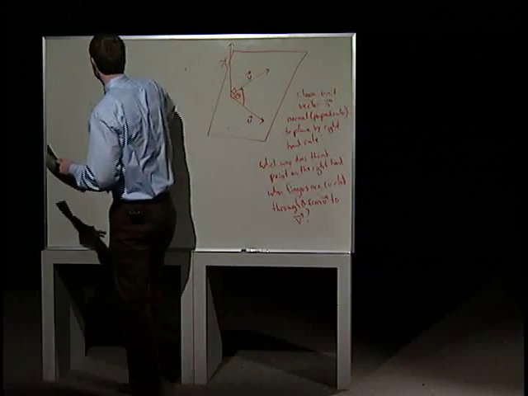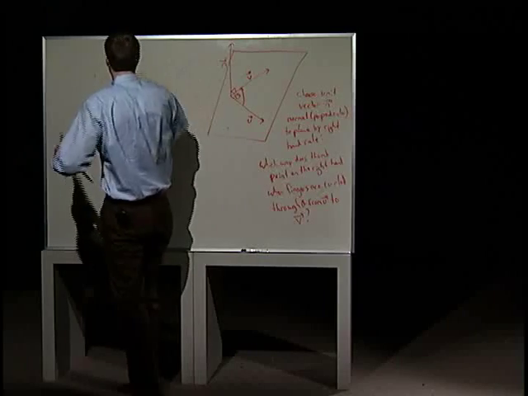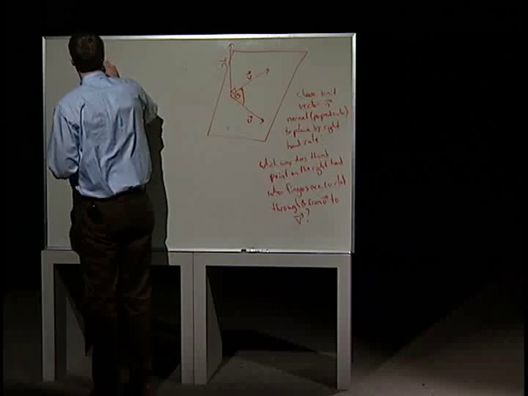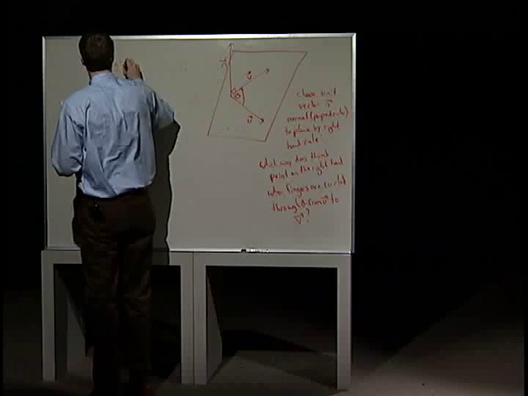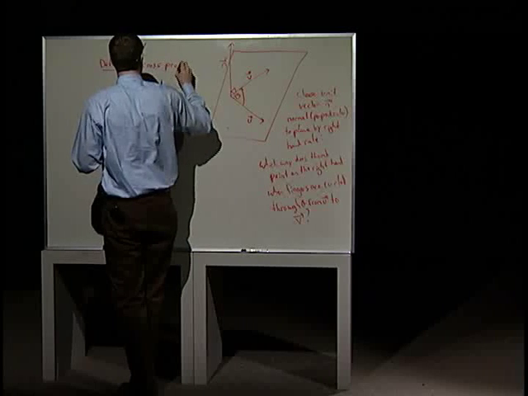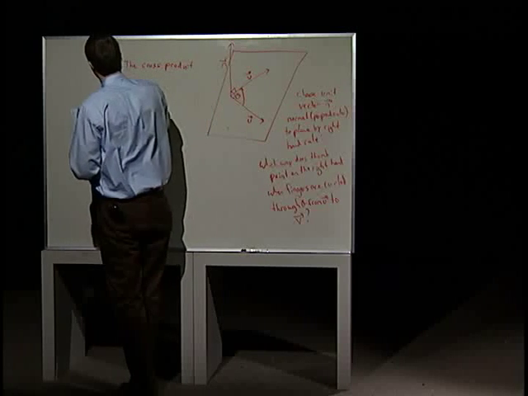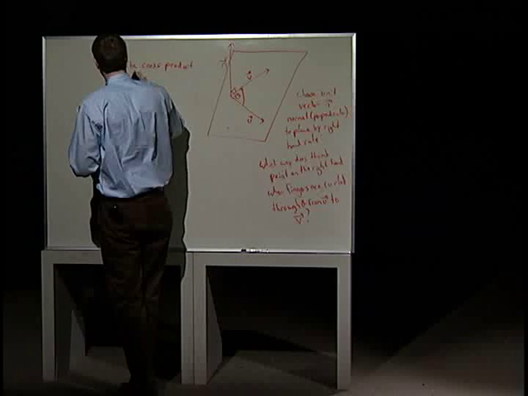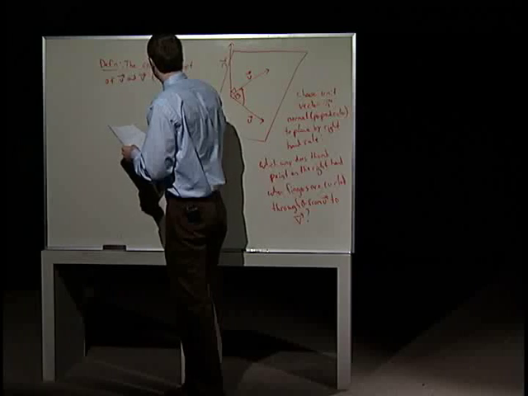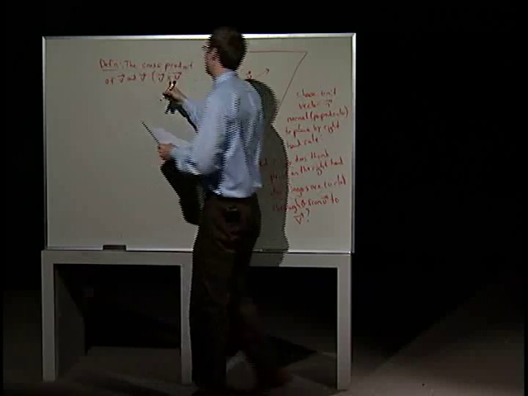All right. So what does that have to do with the cross product? Well, definition. So once you have your vectors and your plane and your normal vector, you can define the cross product. So the cross product of u and v, and I'll denote that with an x in the middle rather than a dot.